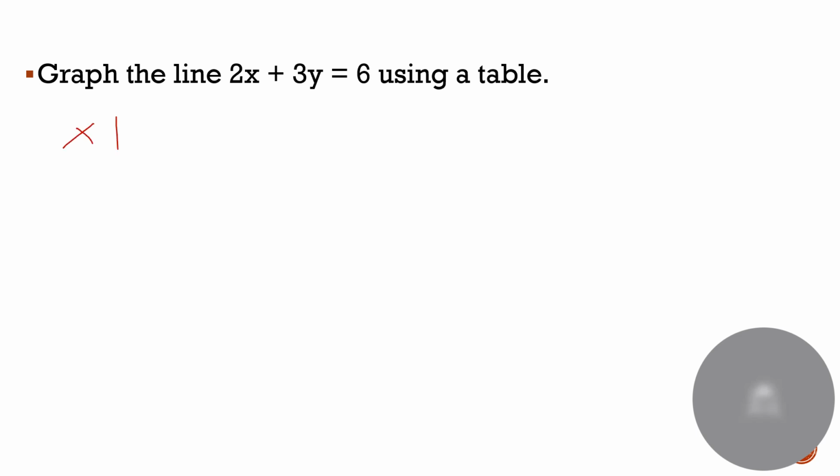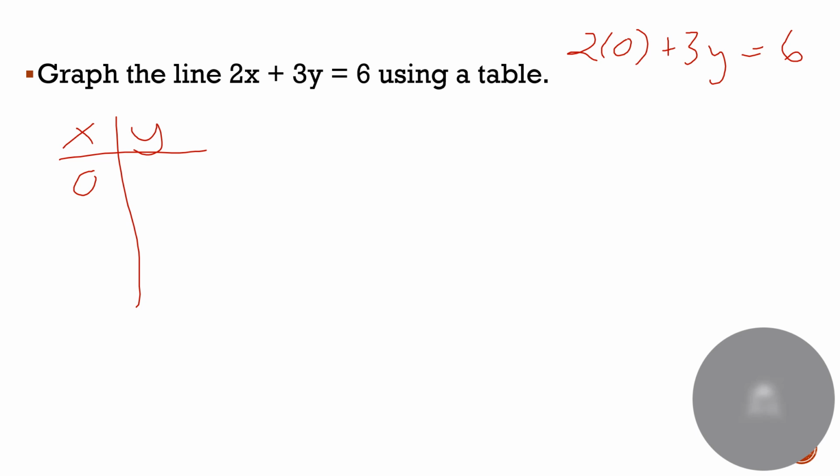So you would set up your table, and then you want to pick some values for X. Well, I'm a big fan of X is equal to 0. And you will not have to show this scratch work, so I will permit you to do this on a calculator. So we have 2 times 0 is 0, so essentially we end up with 3y is equal to 6, which means that y is equal to 2.